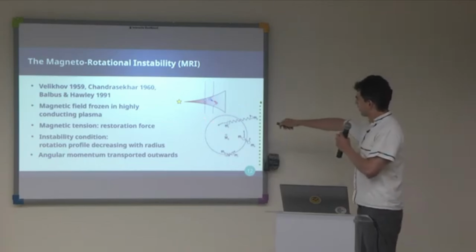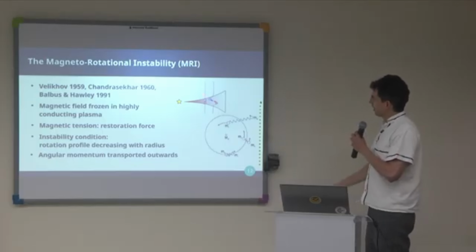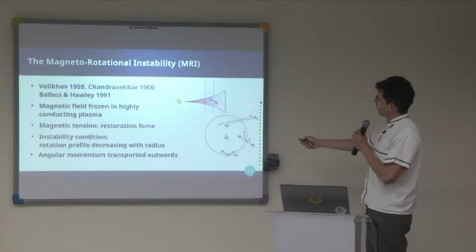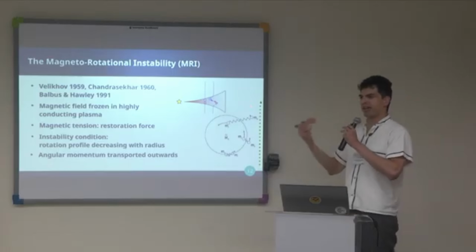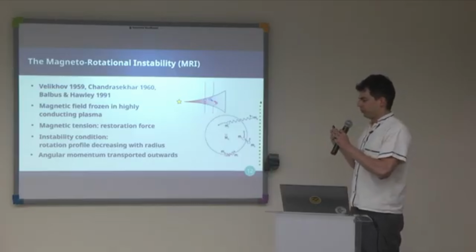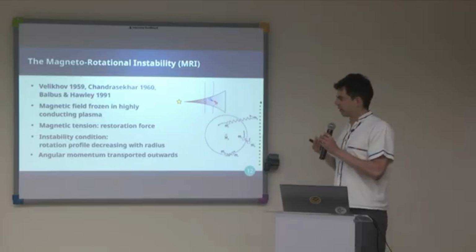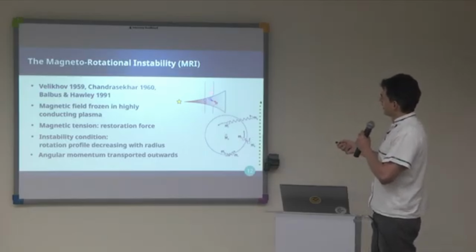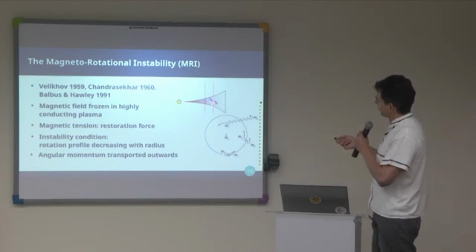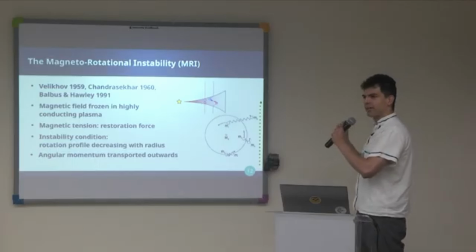But let's see what happens if one has this condition on an accretion disk. Let's suppose that we start with a magnetic field line that is connecting two neighboring fluid elements. And also let's consider that the rotation profile is close to the Keplerian rotation profile. In the Keplerian rotation profile, one has lower angular velocity farther away and higher angular velocity close to the central object. So if we distort the field line by perturbing the fluid elements, this magnetic tension will try to bring them together.